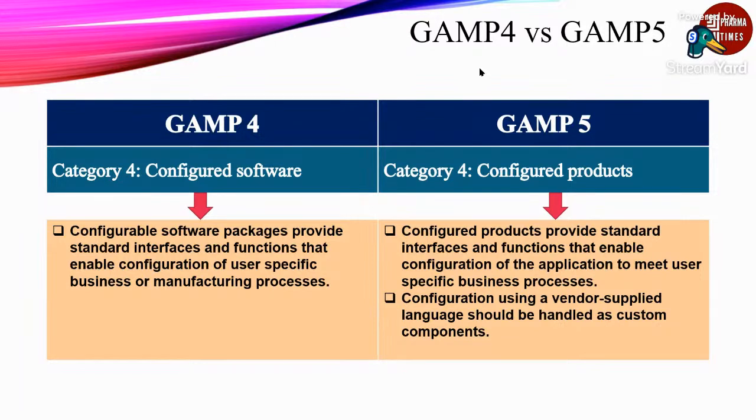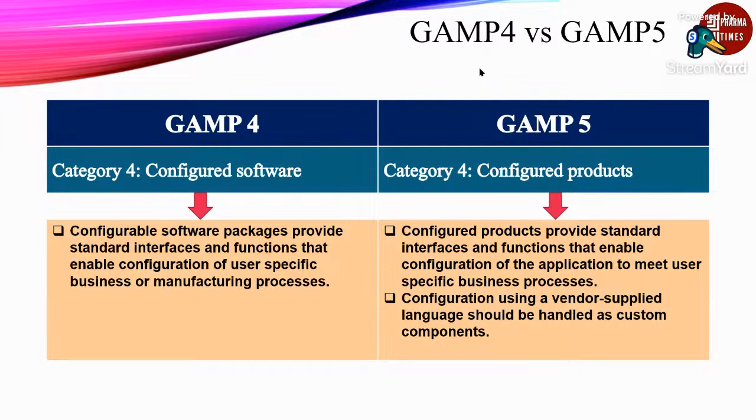Configurable software packages provide standard interfaces and functions that enable configuration of user specific business or manufacturing processes. So configured products provide standard interfaces and functions that enable configuration of the application to meet user specific needs, and configuring using vendor supplied language should be handled as custom components.